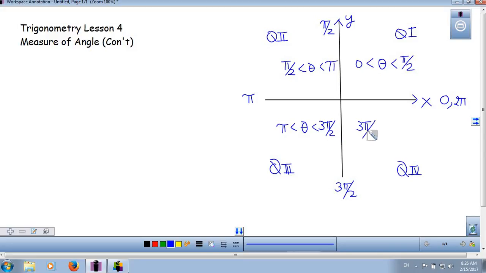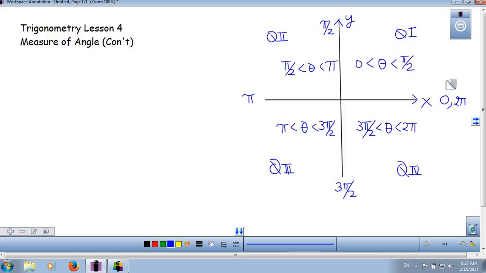And in quadrant 4, all the angles will be between 3 pi over 2 and 2 pi radians. Now, this will be very important in our lessons to come. So it's good to familiarize yourself with the quadrants and what angles they are.